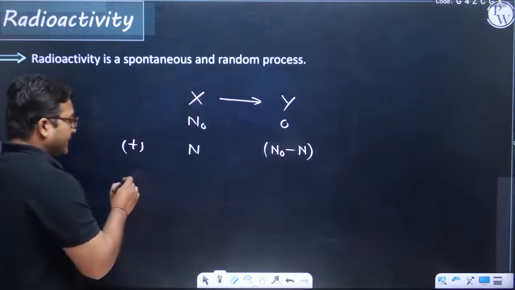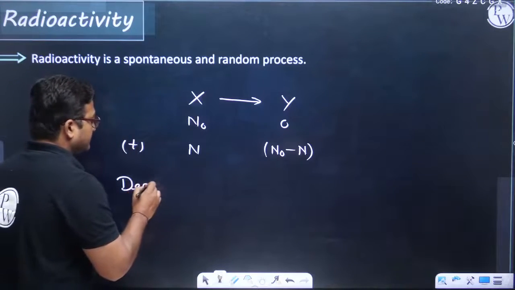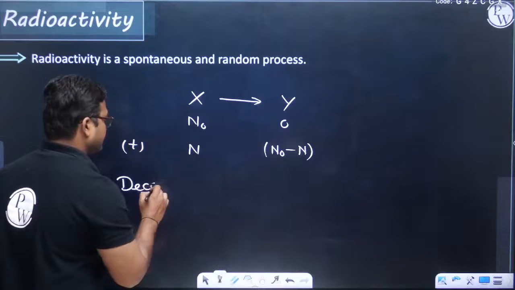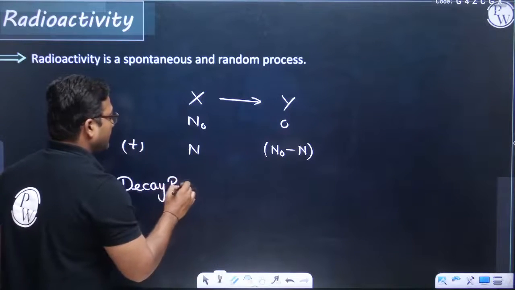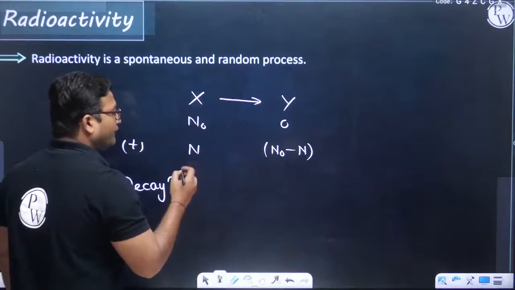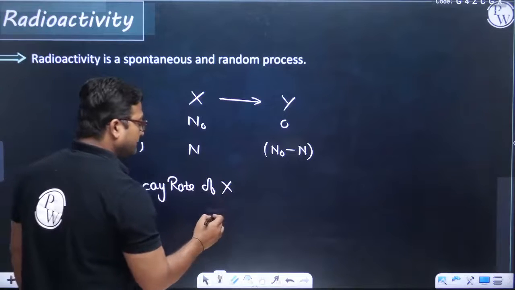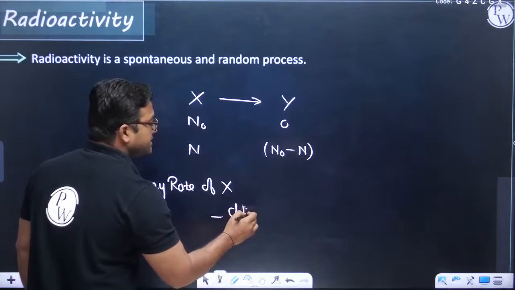So the decay rate of X is called minus dn by dt.